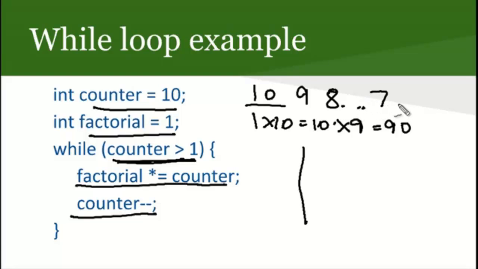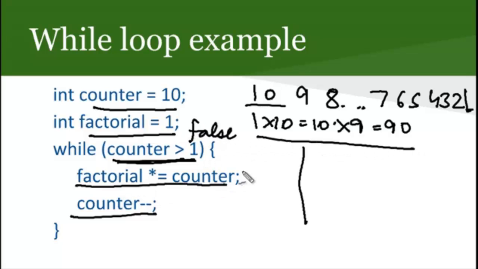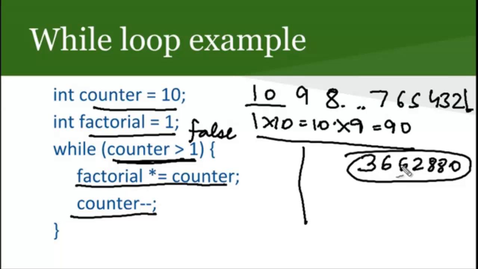So counter will become 7, 6, 5, 4, 3, 2, 1. When it becomes 1, 1 is greater than 1 becomes false. But by that time we'll have the value of factorial as 3628800, which is the factorial of 10. So basically, until this condition was true, these statements were executing.